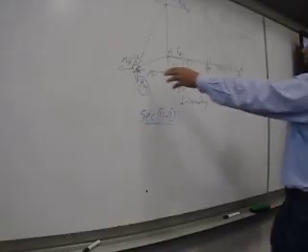So where should I start? Where should I take my moment? At A? If I take a moment at A, I'll have two unknowns.